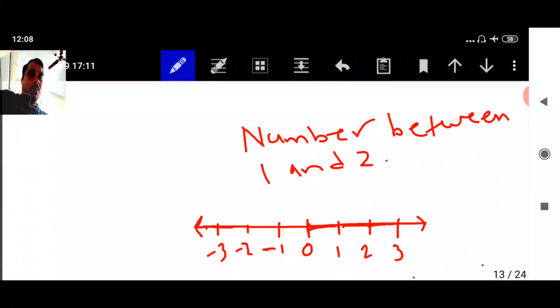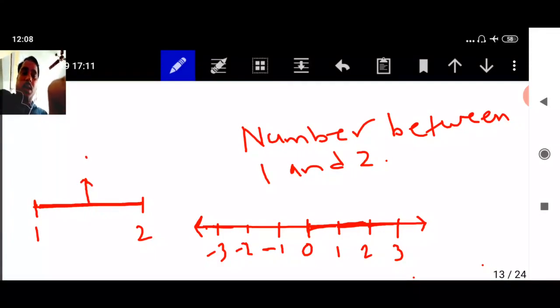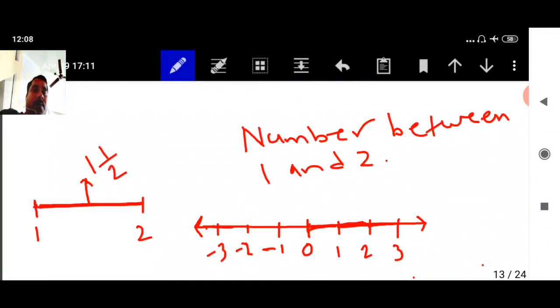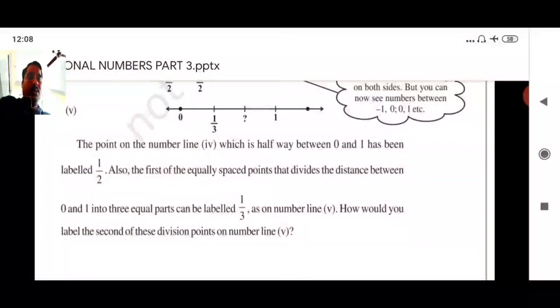So a number between 1 and 2 lies in this gap. Means if we represent 1 here and 2 here, all the numbers between 1 and 2 will exist here, and one of those numbers is 1 and 1 by 2. Okay. Now, how to represent rational numbers on a number line?